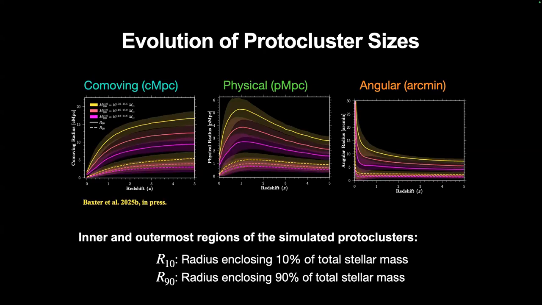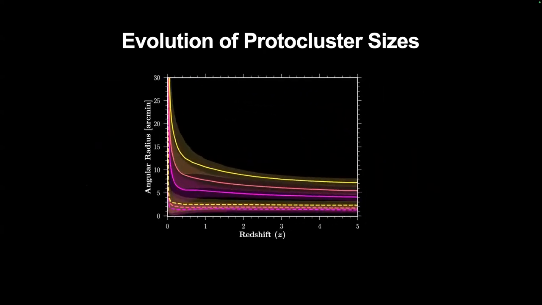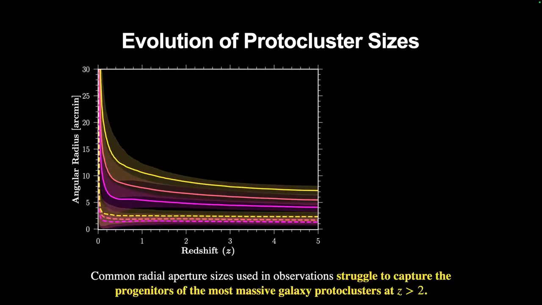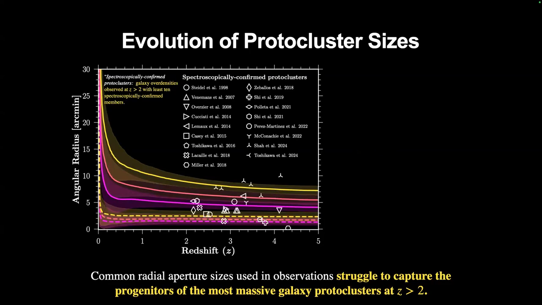So here, actually, I'm going to zoom in and show you how this compares to observational samples. This is the angular radius in arc minutes as a function of redshift for these 3 different redshift 0 halo mass bins, again, for 90% of the enclosed stellar mass and 10% of the enclosed stellar mass. And then I'm going to show you different observational samples on here.